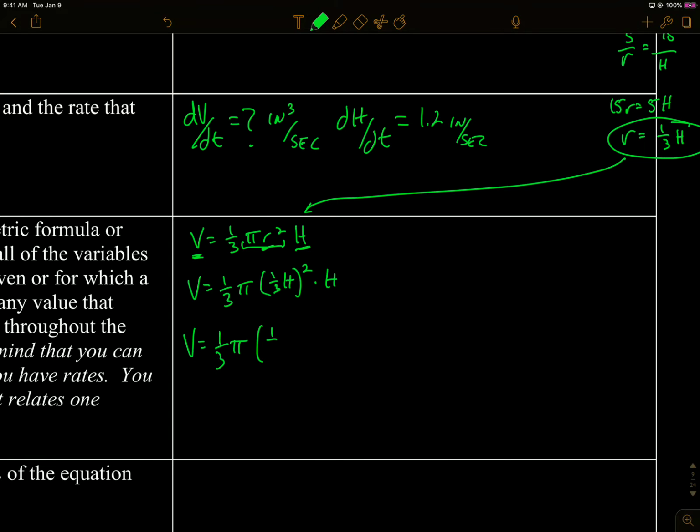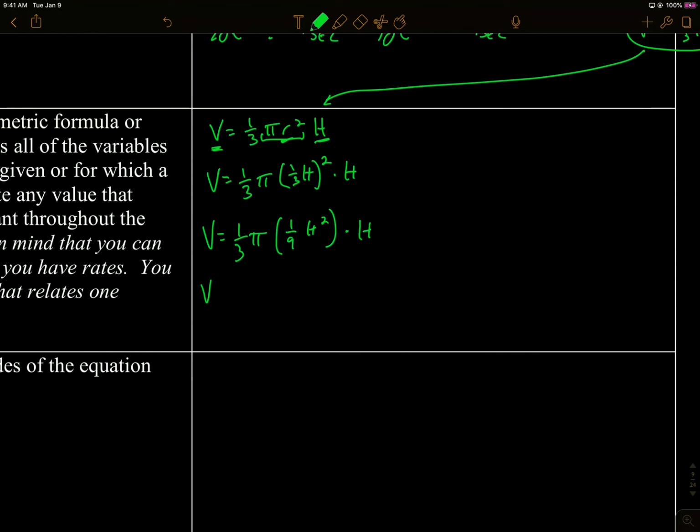So 1/3 squared is 1/9, h squared times h. So now I've got 1/3 times 1/9, I get 1/27 pi h to the third. There's my volume formula.